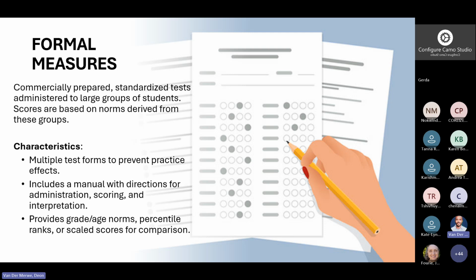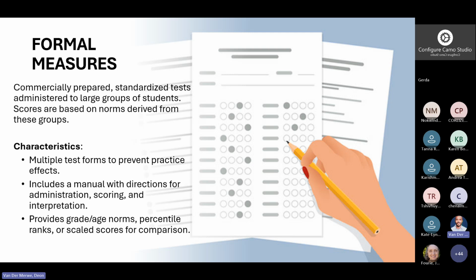When formal tests are given, strict procedures for administration, scoring, and interpretation are required. And if you have already worked through the SNAR documents that were provided for you, you would have seen that there are administration procedures, as well as scoring and interpretation sheets, provided within that SNAR document.